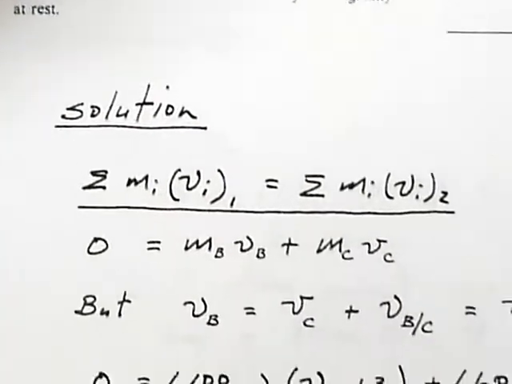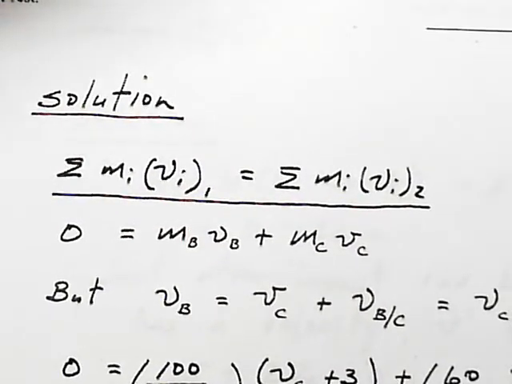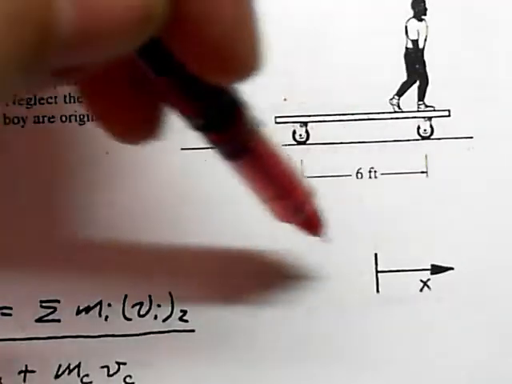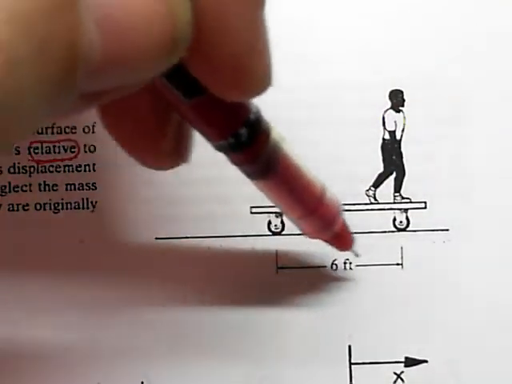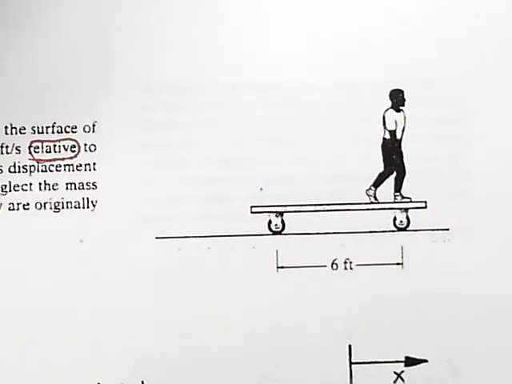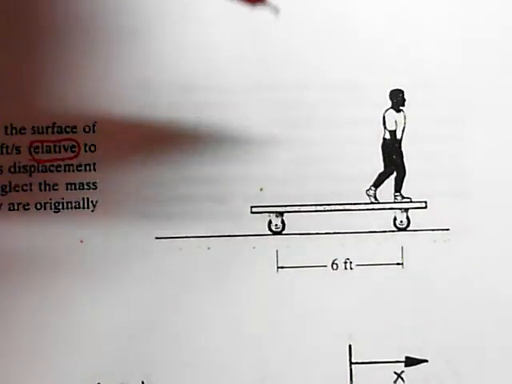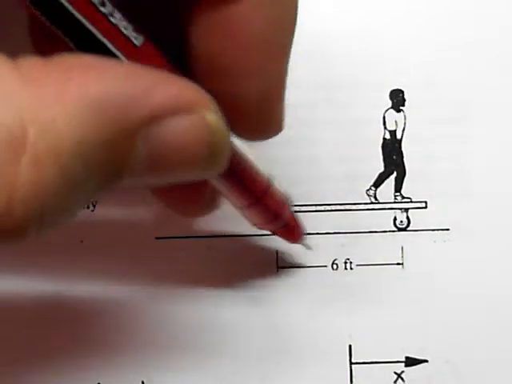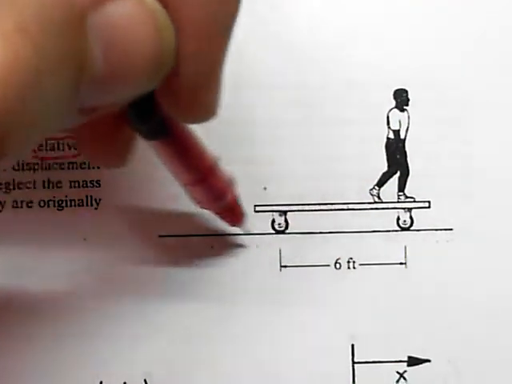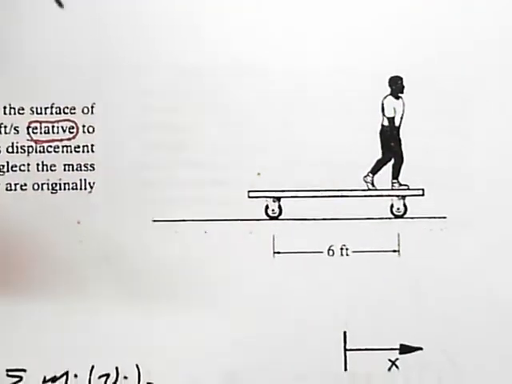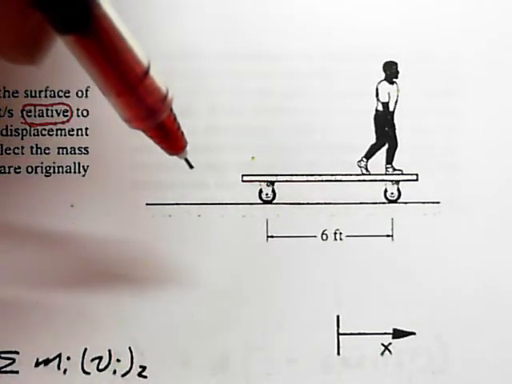And so our solution process is, anytime we see this kind of interaction between people and carts, people and boats, boats and boats, trains on boats, things like that, we're going to do a conservation of momentum. Now, why conservation of momentum?